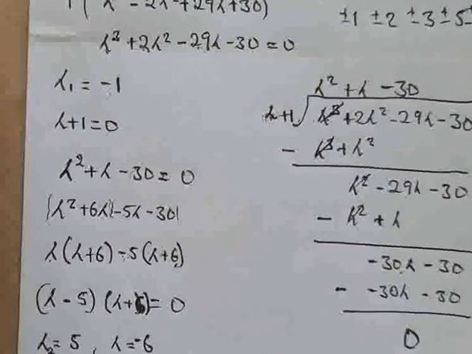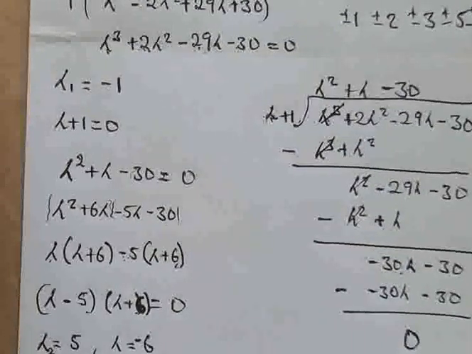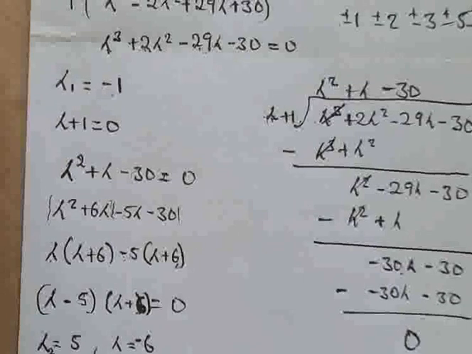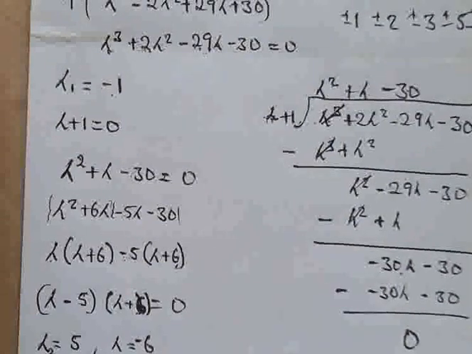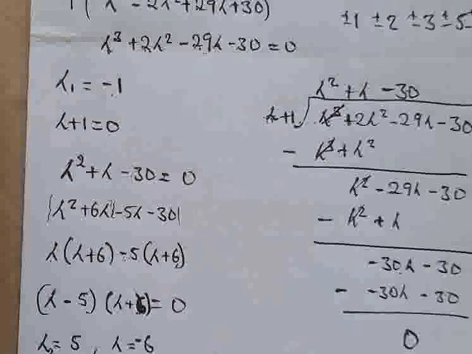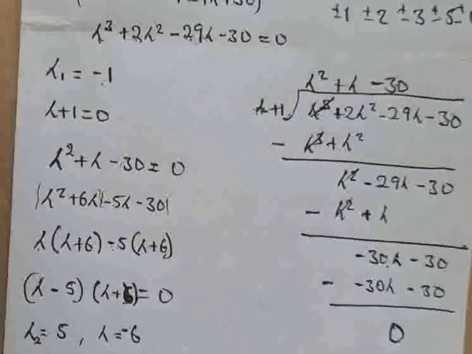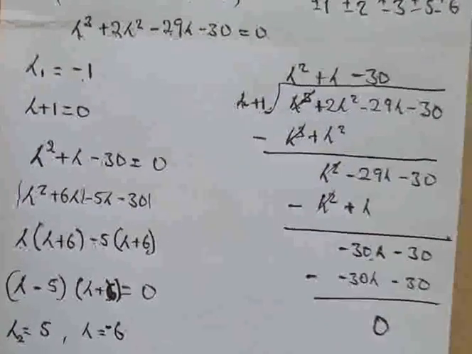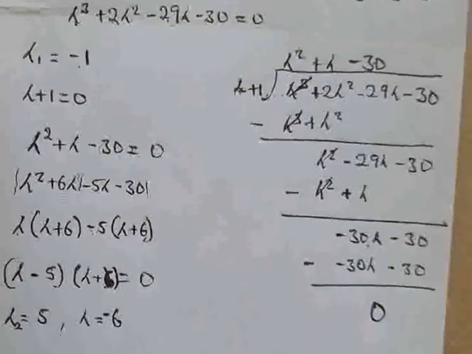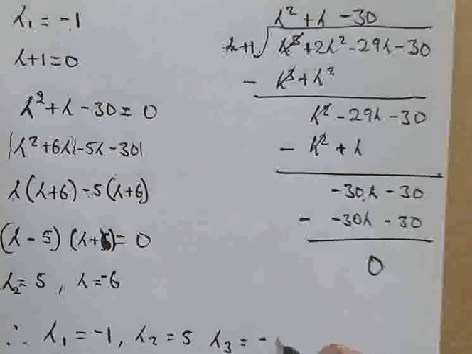So you can say therefore lambda 1 is equal to -1, lambda 2 is equal to 5, then lambda 3 is equal to negative 6.